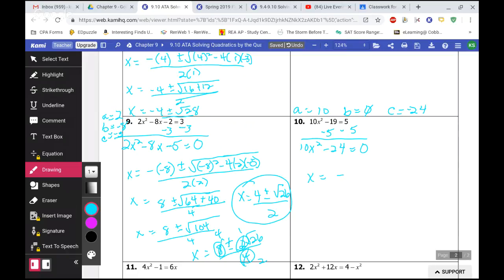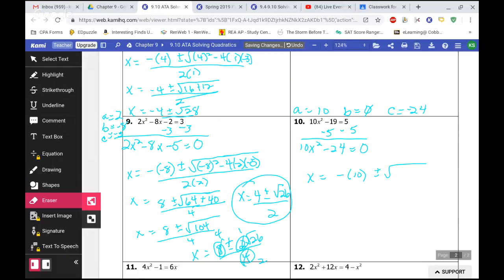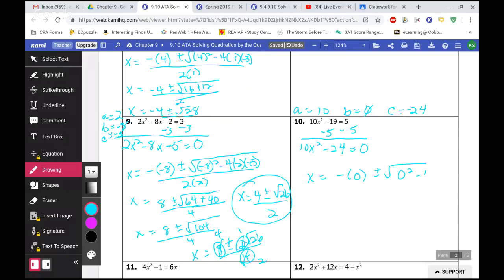X equals the opposite of 0 plus or minus the square root of 0 squared minus 4 times 10 times negative 24, all over 2 times 10.